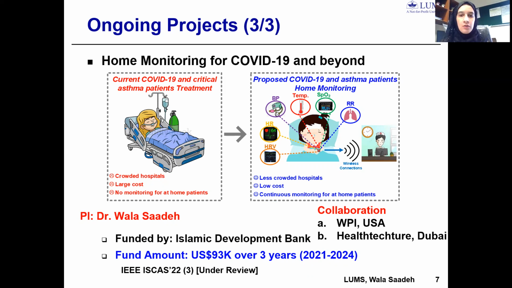For that, we are developing a continuous monitoring device that measures heart rate variability, blood pressure, temperature, SpO2, and respiratory rate, communicates those vital signs to the healthcare provider, and alarms the patient when they should visit the hospital.